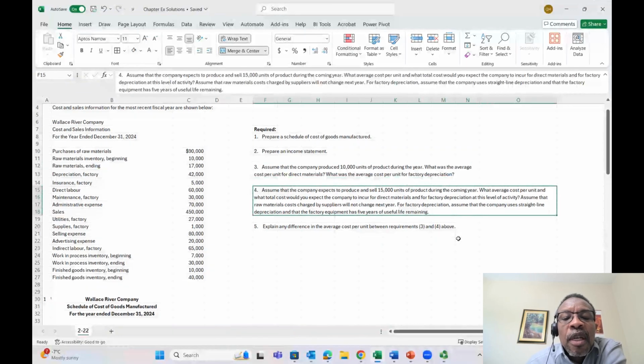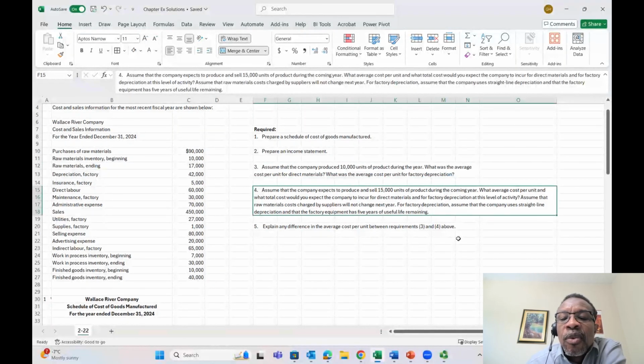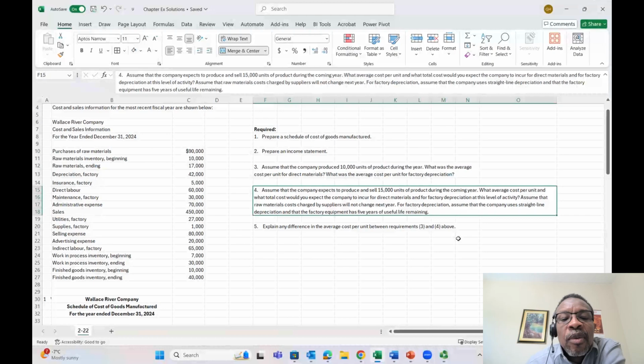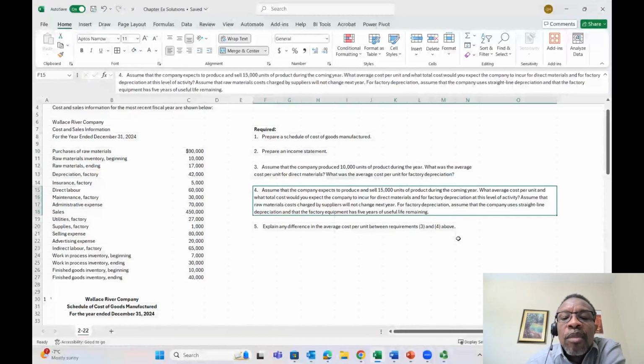Number four, assume that the company expects to produce and sell 15,000 units of product during the coming year. What are the average cost per unit and what total cost would you expect the company to incur for the direct materials and for factory depreciation at that level of activity?